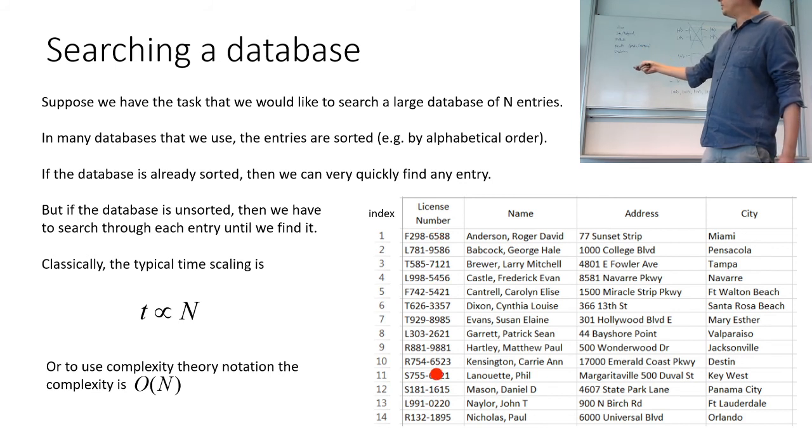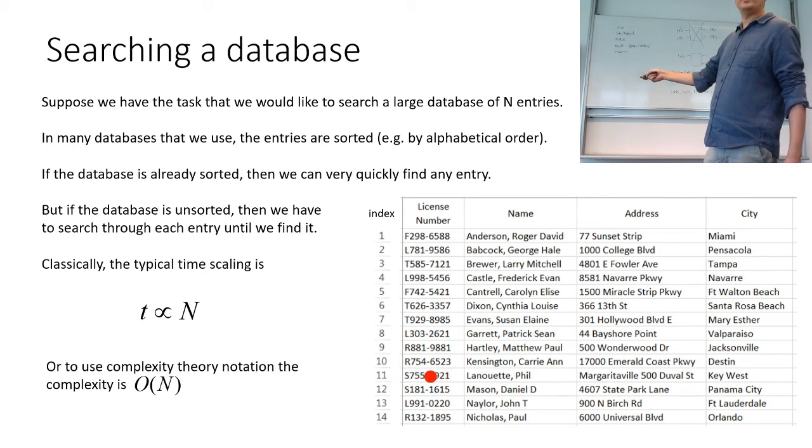One strategy is just to start at the top and work your way down. That basically took 11 readings of this table, and then finally I found it, right? In this case I was a little bit unlucky. It was more towards the bottom than the top, but of course I could be completely unlucky if it was the last one, or if I was very lucky, it might have been the first entry.